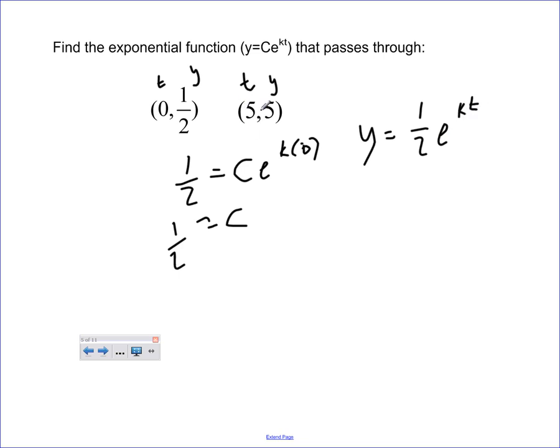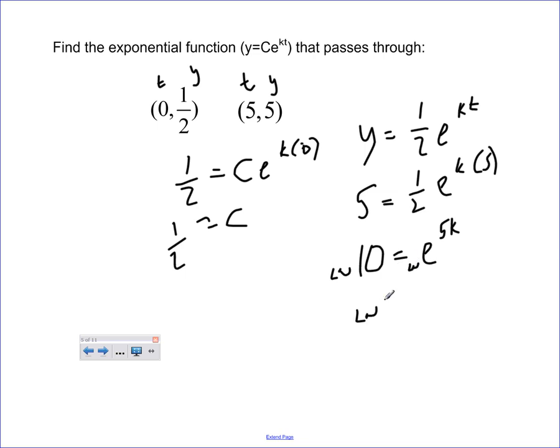So we use our second point, the fact that when t is 5, y is 5. 5 equals 1/2 e to the k times 5. Let's basically get e by itself. We're going to divide both sides by a half, so that means we're multiplying by 2. So we get 10 equals e to the 5k. Then we take the natural log of both sides, natural log of 10 and the natural log of e to the 5k. On this side I get the natural log of 10, and on this side I just get 5k.